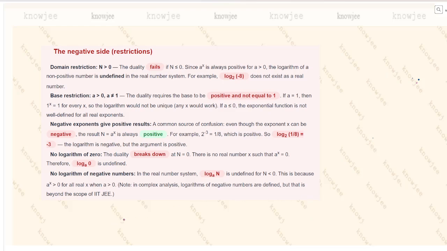If a is greater than 0, a to the power x is always greater than 0. Always. But a less than 0 is not defined. Logarithm is not defined for a less than 0, or n less than 0. Not defined.